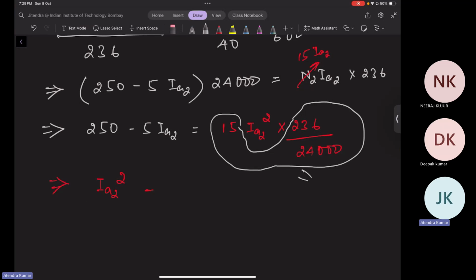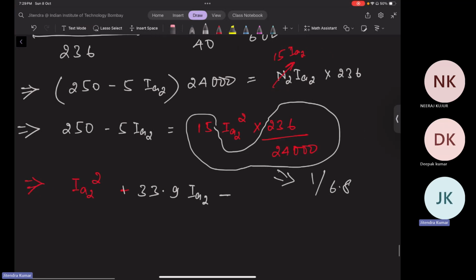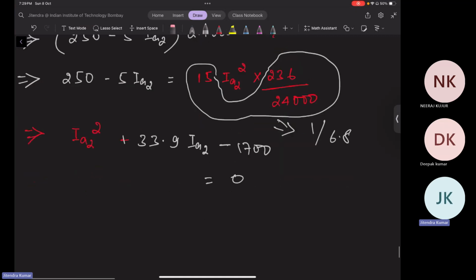It is equal to 1 by 6.8. So if we multiply it into 5, it will be 33.9 Ia2 minus 250 into 6.8, which will be 1700, is equal to 0. So this is your quadratic equation.